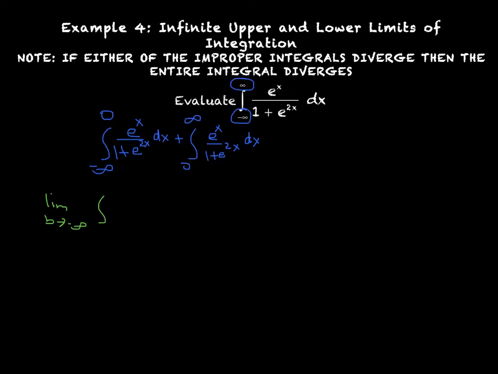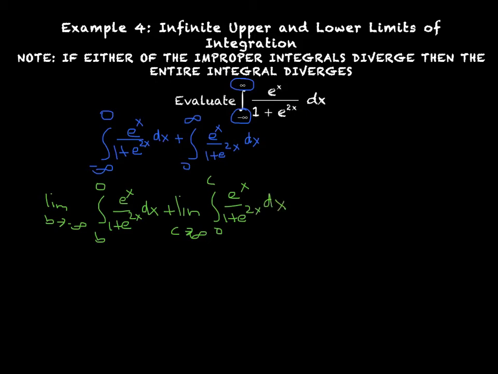So this is going to be the integral from b to 0 of e to the x over 1 plus e to the 2x dx, plus the limit as we'll say as c approaches infinity of the integral from 0 to c of e to the x over 1 plus e to the 2x dx.